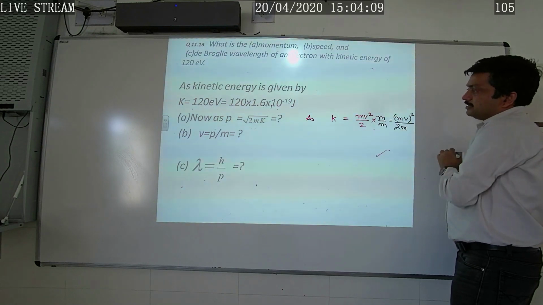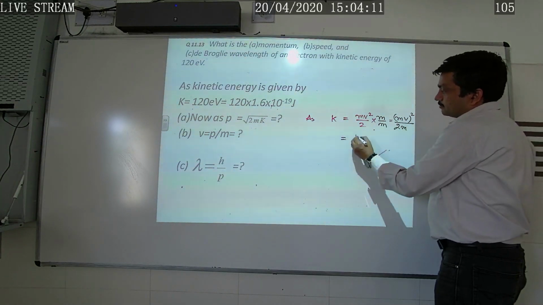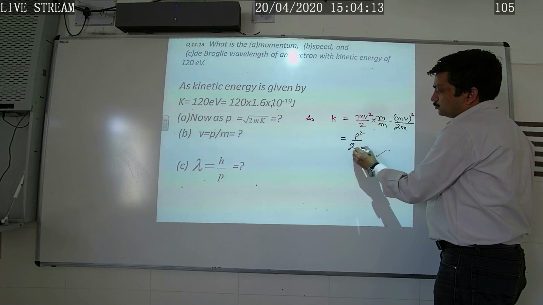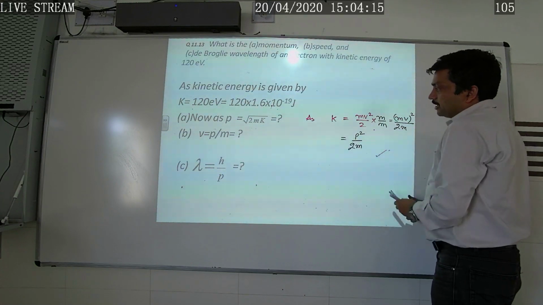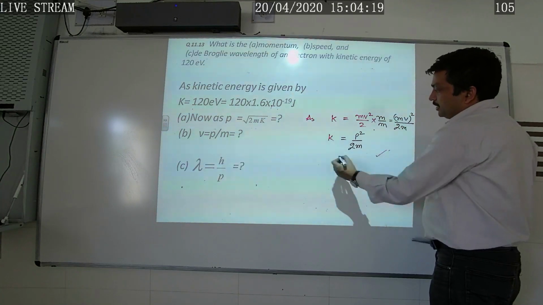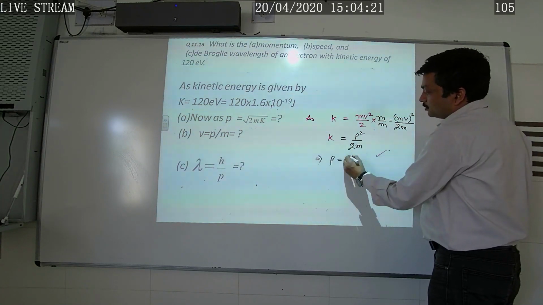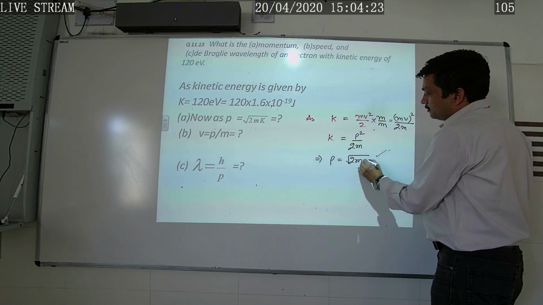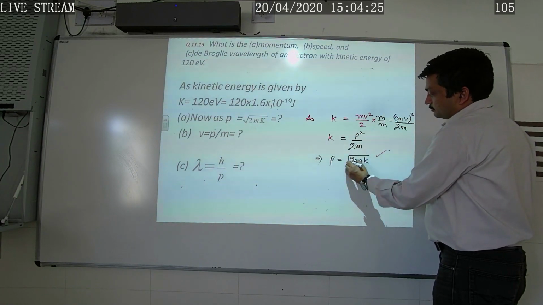Now mv is nothing but the momentum p, so that is p square by 2m. So here k is equal to p square by 2m, which implies p will be equal to the square root of 2mk.